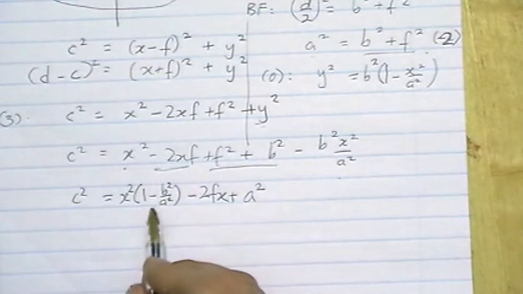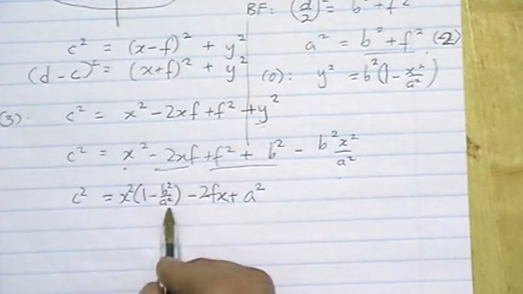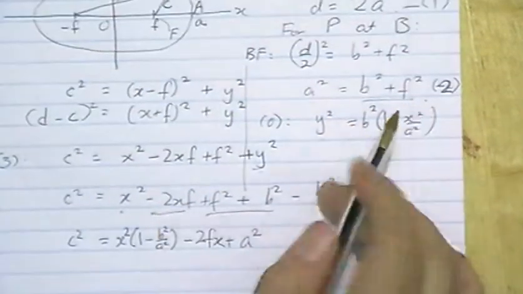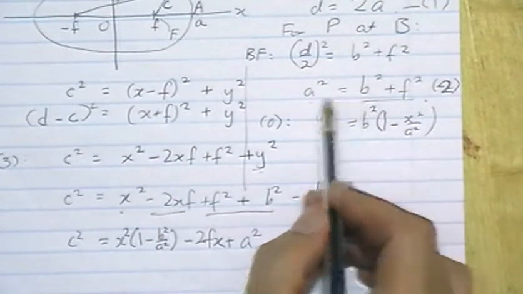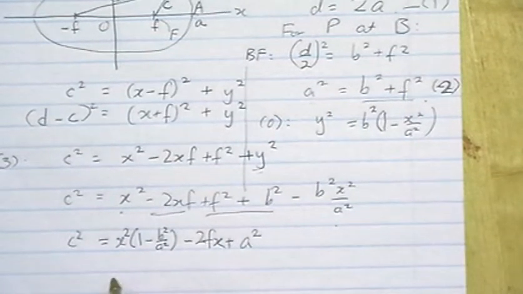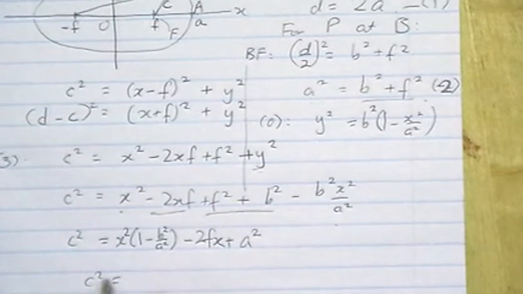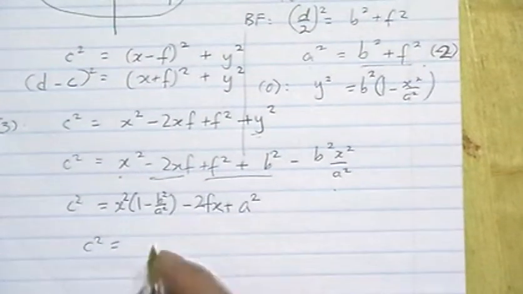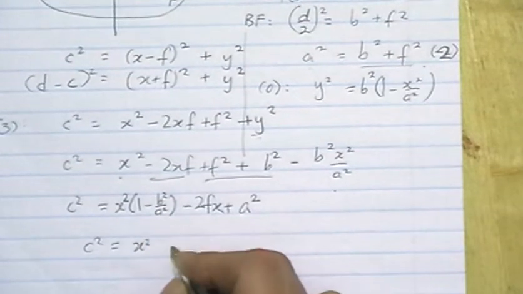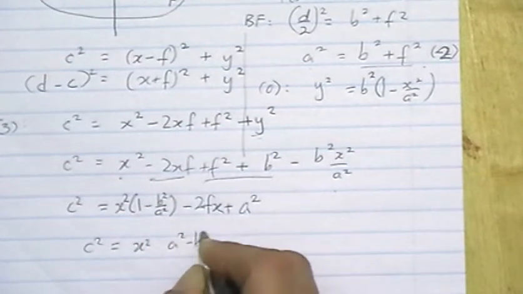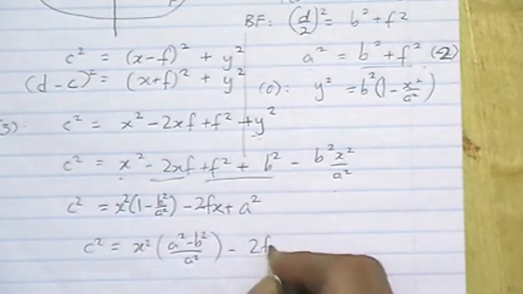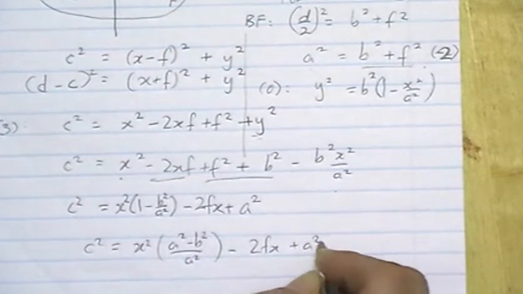Now for 1 minus b squared over a squared, I can make use of this again, because this can be written as a squared minus b squared over a squared minus 2fx plus a squared.